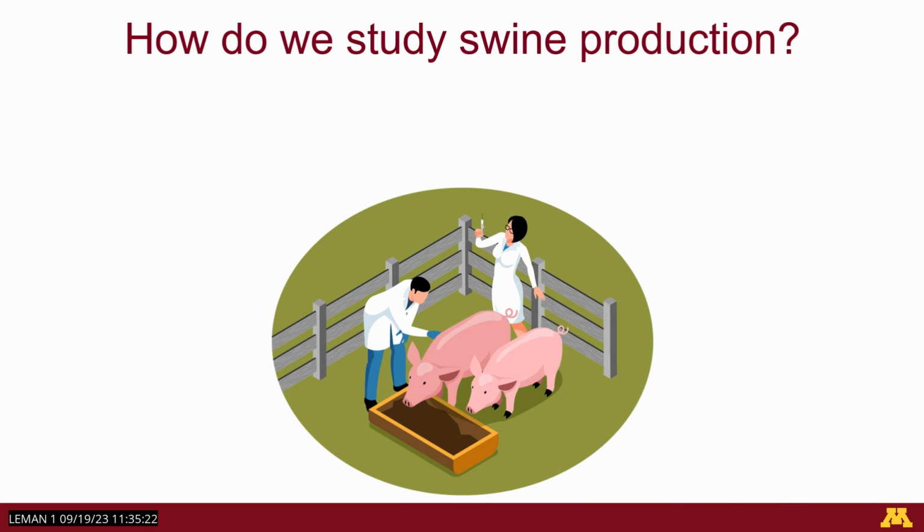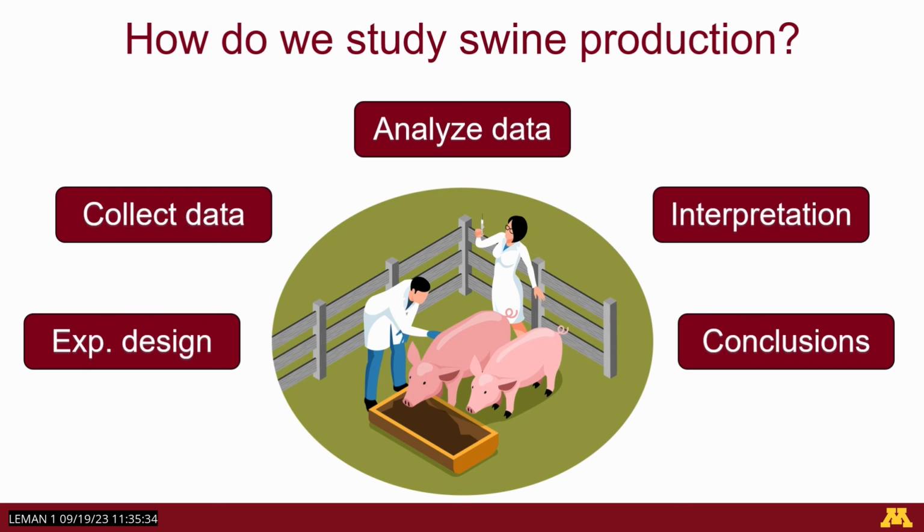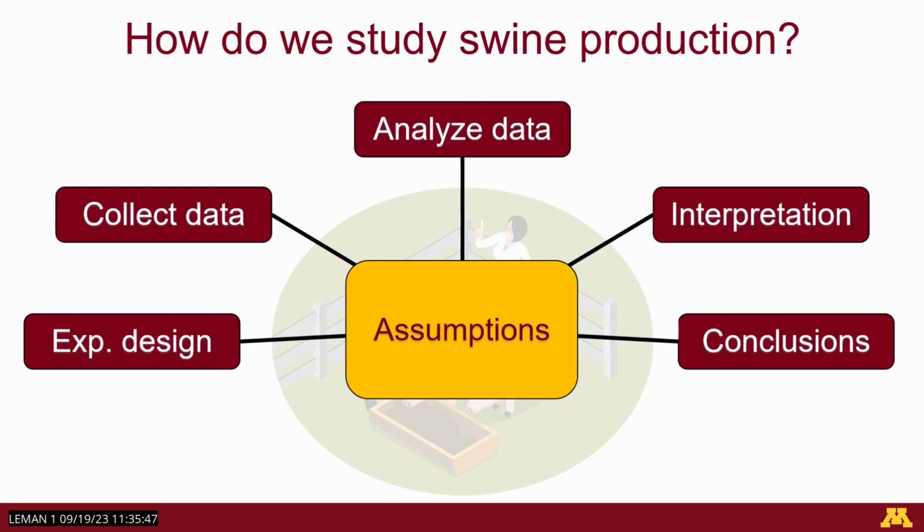So how do we study the different levels we have in swine production? How do we study pigs, or the research we do in research barns, and then apply it to production sites? We basically follow the scientific method. We design experiments, collect data from experiments, analyze this data, and then come to interpretations and conclusions. What is in the middle of all of this is that we base everything on different assumptions.